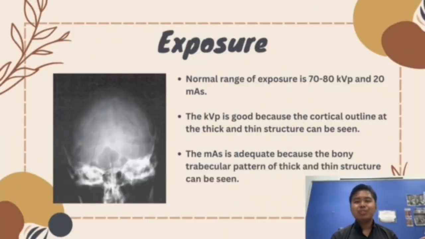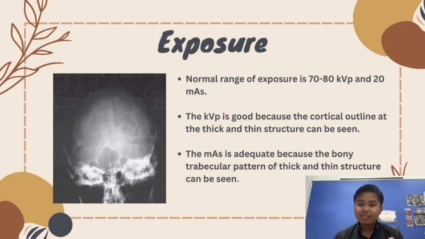Now we will move to exposure. For the epiaxial skull or Town method, the normal range of exposure is 70 to 80 kVp and 20 mAs. For this radiograph, the kVp is good because the cortical outline at the thick and thin structure can be seen.